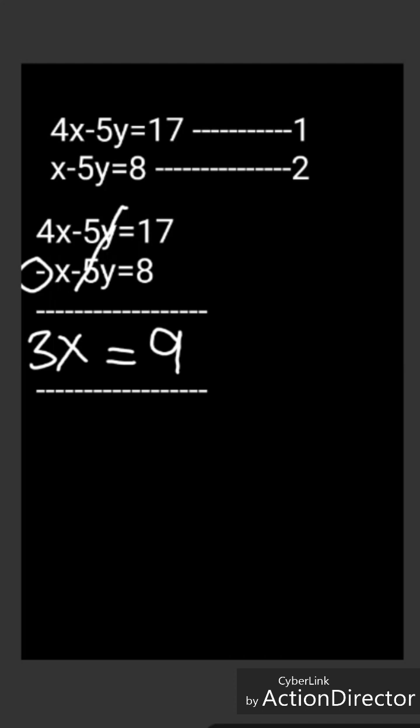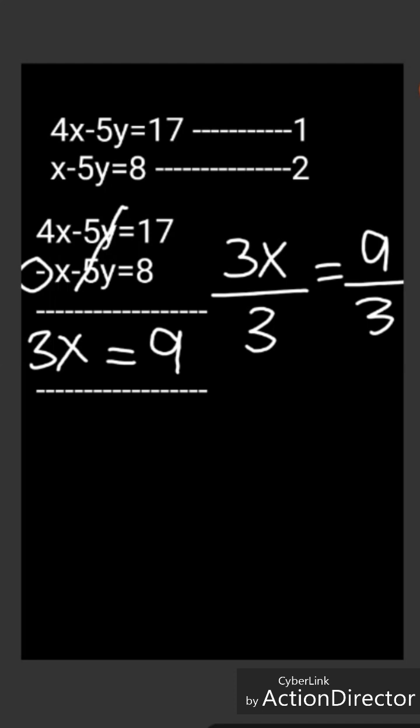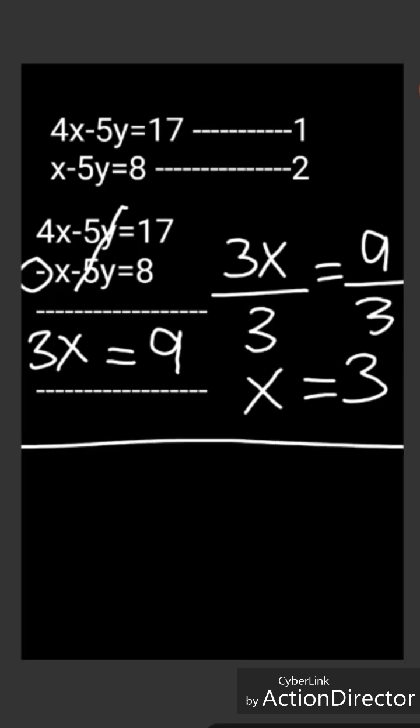Now you have 3x equals 9. What you need to do is do your rearranging and solve x. Basically do 3x over 3 equals 9 over 3, 9 divided by 3. So x equals 9 divided by 3 equals 3. X equals 3. We've got that and we put it to one side.